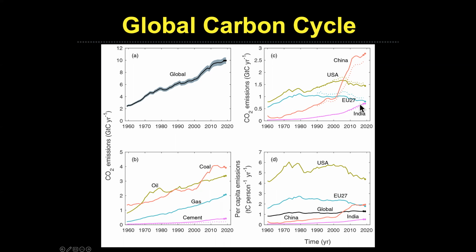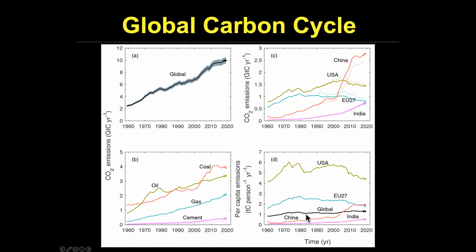You can think of India, they will definitely be spiking in the next few decades. China will continue to go up. The United States has begun to slowly go down in terms of total usage, but per person, we are still the most significant emitters of CO2 on a global scale.